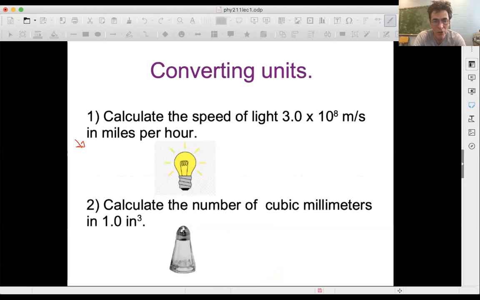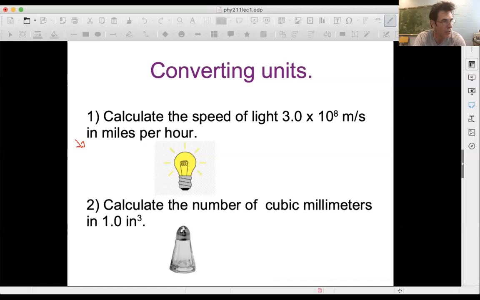And what I'm going to do in these two examples of converting units is to show you the conversion of units for question number 1. We're told that the speed of light is 3 times 10 to the 8 meters per second. So that's the speed of light from a flashlight or whatever source of light, sunlight, in meters per second, scientific units.